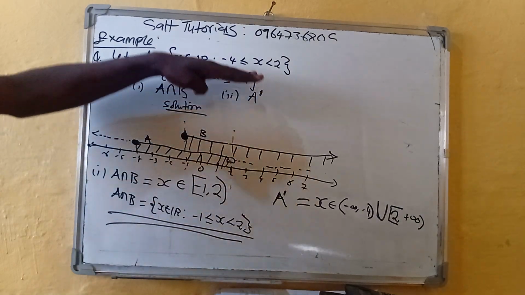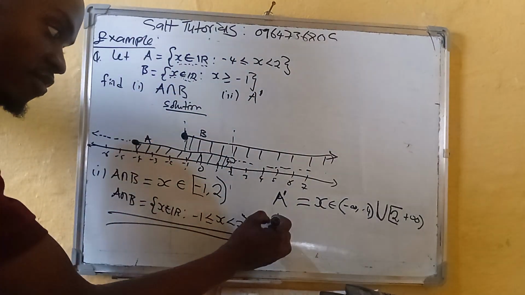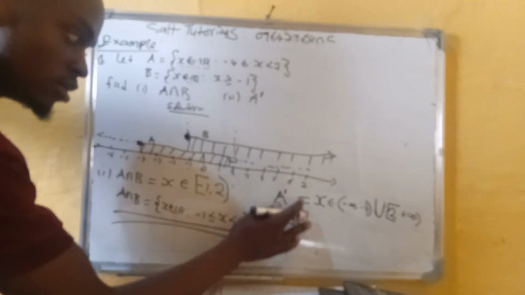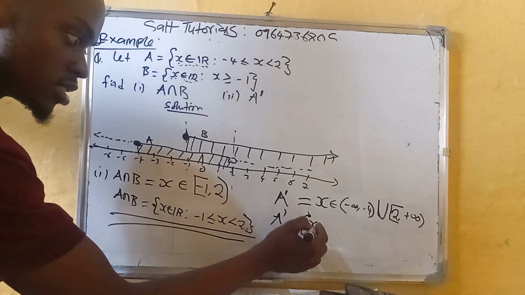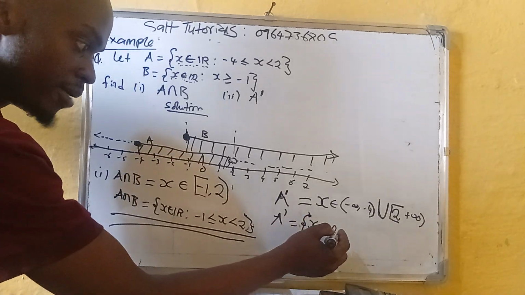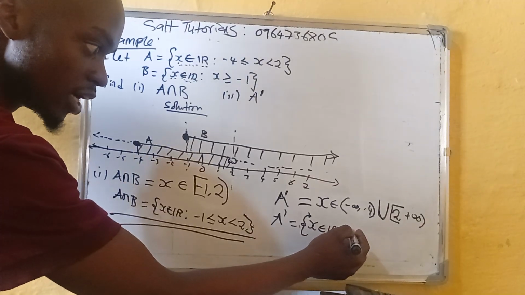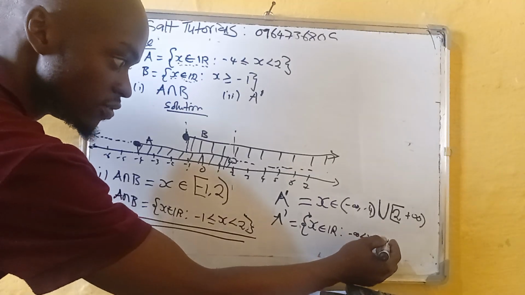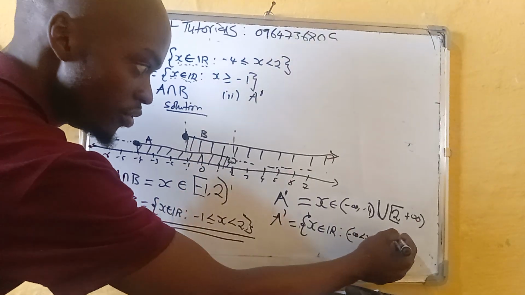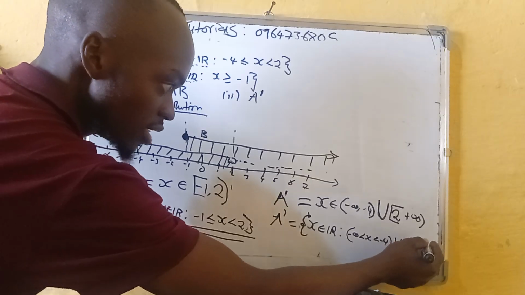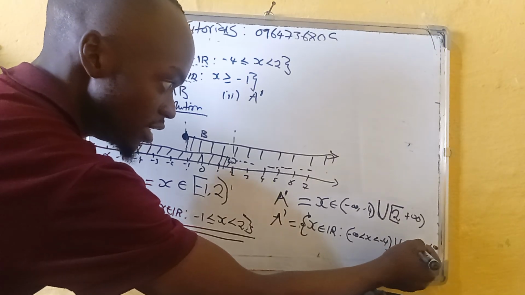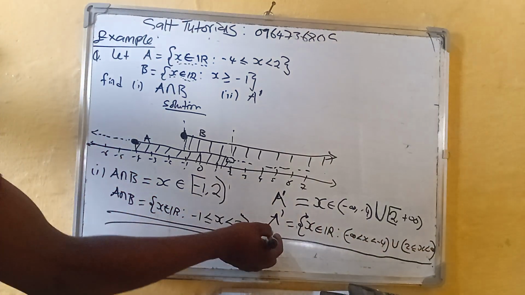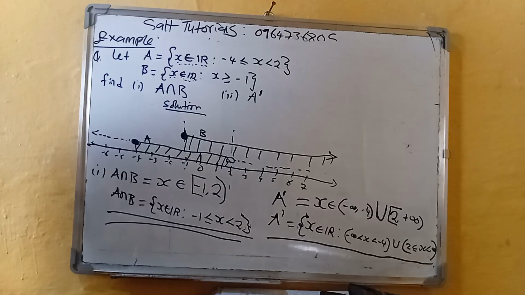If you want to write it in the form of description, A complement becomes x member of real numbers such that negative infinity is less than x less than negative 4 union 2 less than or equal to x less than infinity. This becomes a description of A complement. As simple as that.